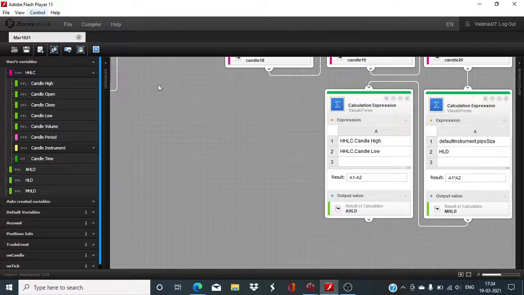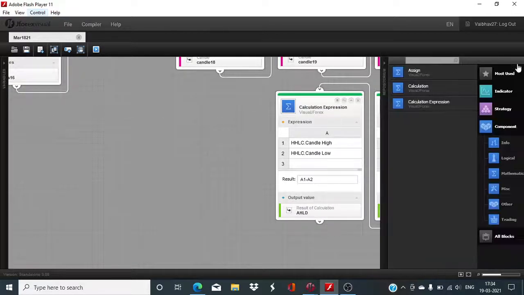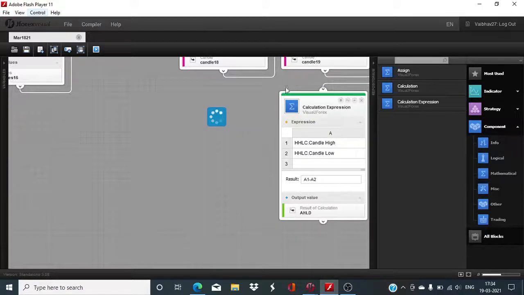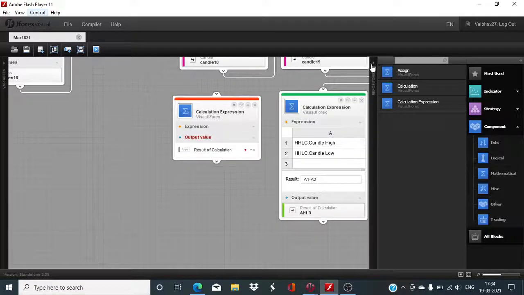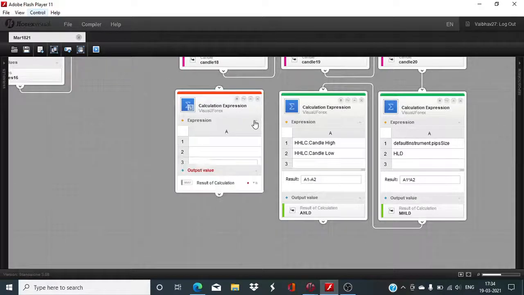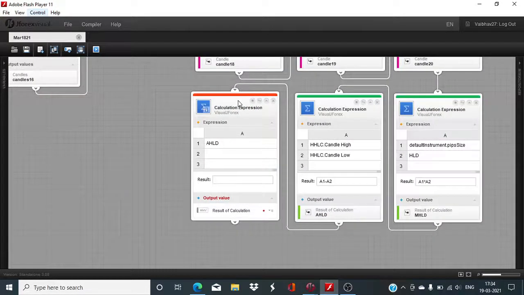And now, to take the 25% of this actual difference, we will use this and multiply it by 0.25.